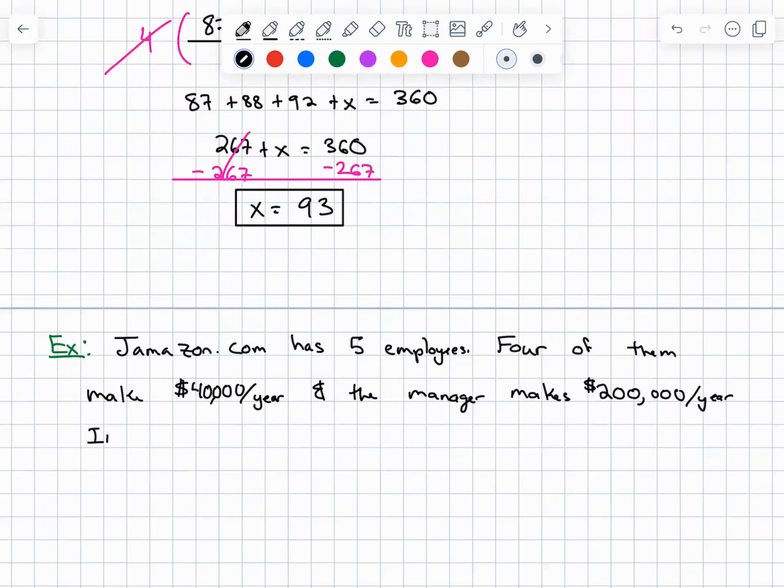In a recent ad, Jamazon claims their average salary is $72,000.